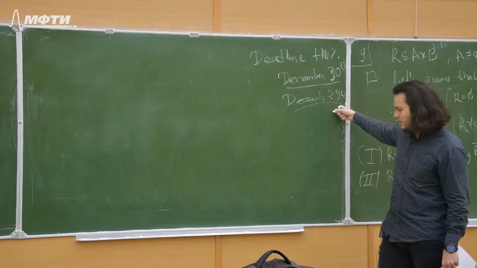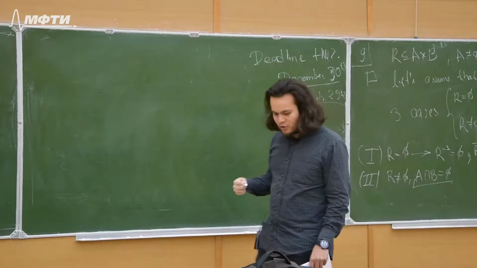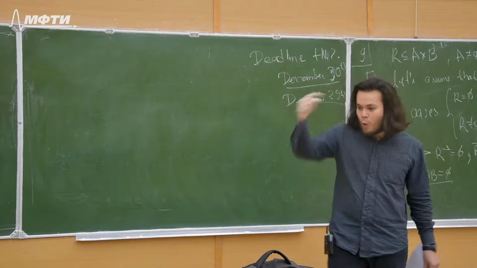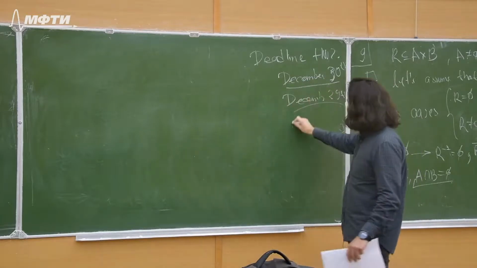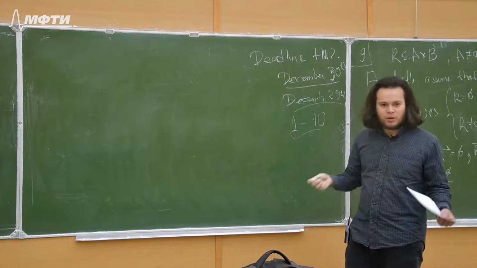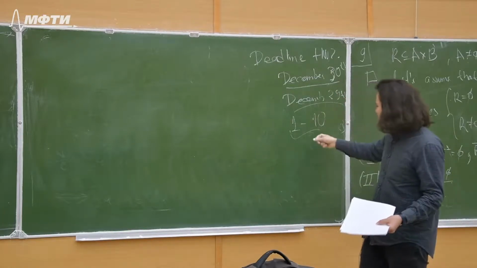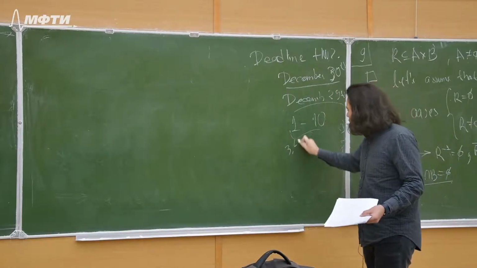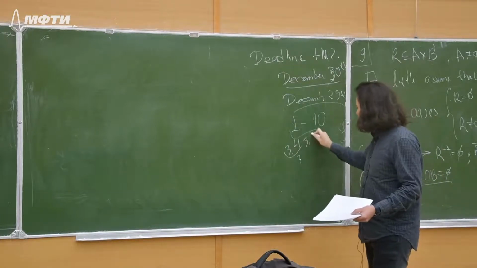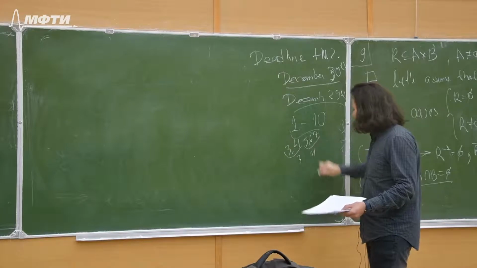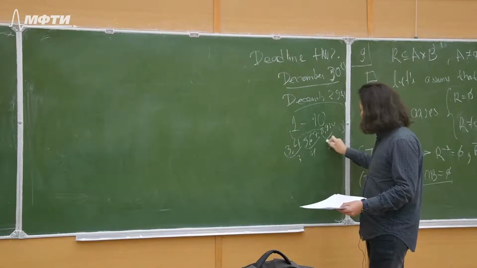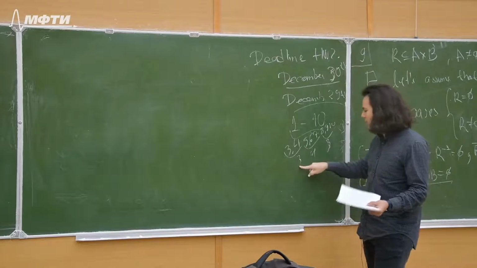I heard yesterday what the lecturer said. You will have a final grade from 1 to 10, right? I hope you understand how it works. 3 and 4 is 3, 5 and 6 and 7 is 4, and 8, 9, and 10 is 5. So excellent, good, and pass or something like that.